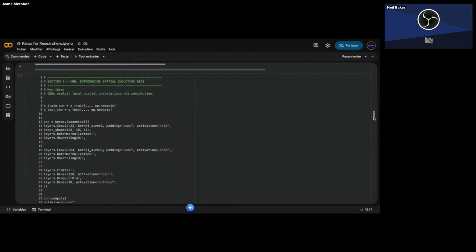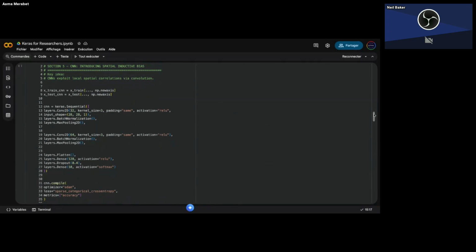And this is the CNN. So basically, CNNs are always designed for images because they leverage the local correlations and they detect patterns. So CNNs are very good for images.